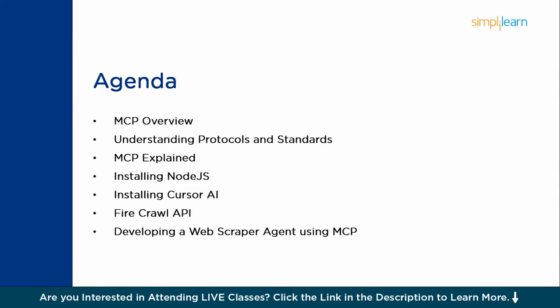Then we will get started with our demonstration on developing a web scraper agent using MCP. For that, we will need Node.js, Cursor AI, and the FireCrawl API. I will walk you through those demonstration steps one after the other, and this will be a very beginner-friendly tutorial and practical demonstration on MCP. Now that I've made myself clear with the agenda, let's get started with MCP.